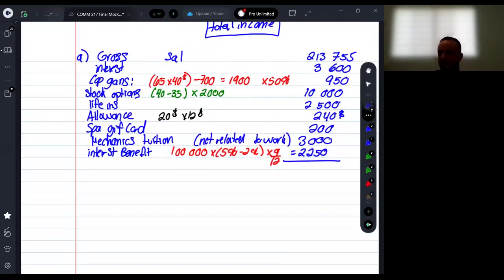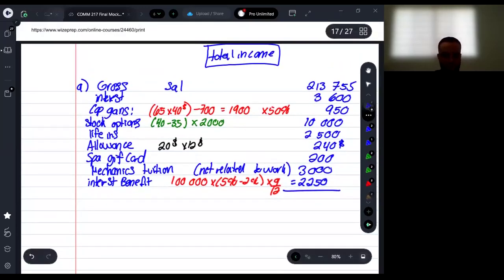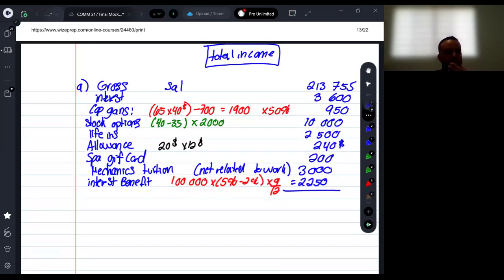Sorry, why are you doing the difference between 5 and 2%? Because you're taxed on the interest saved. So he did pay 2%. He saved the difference of 3. Okay.